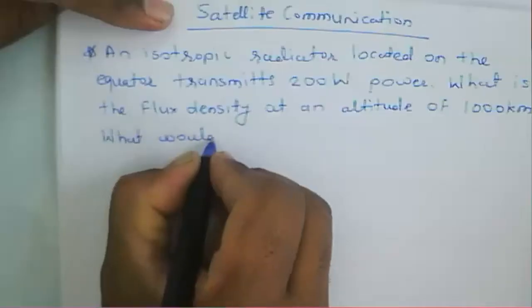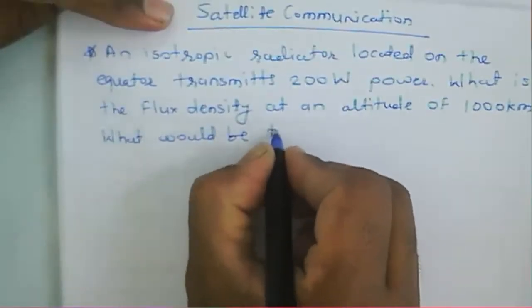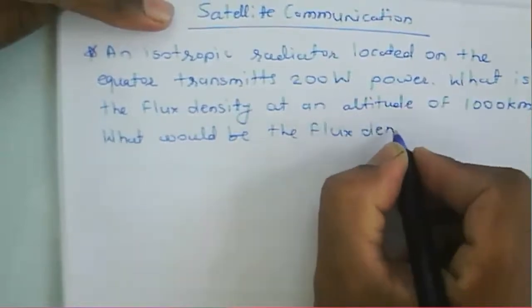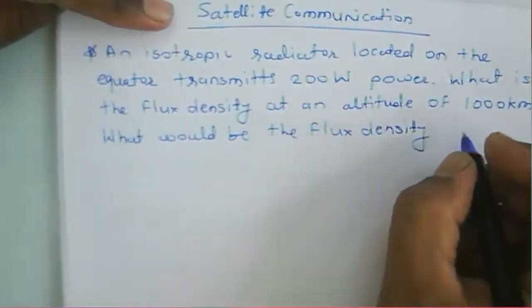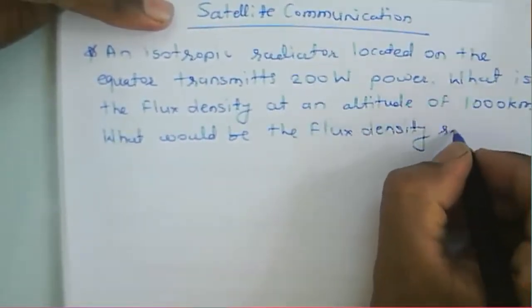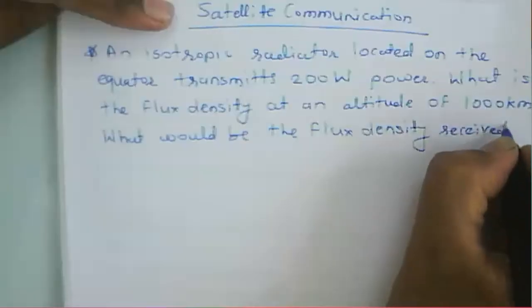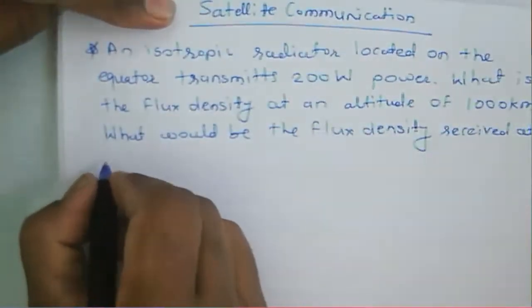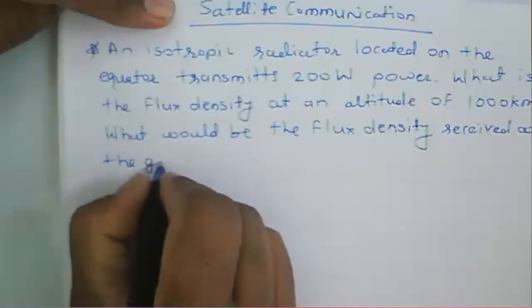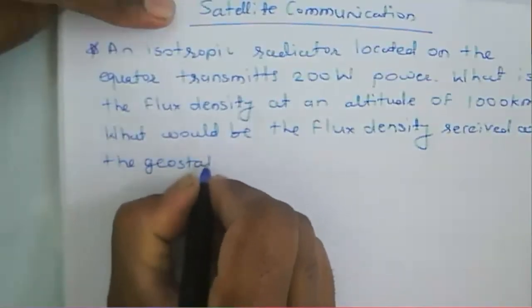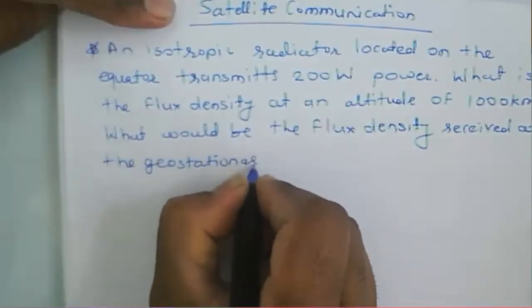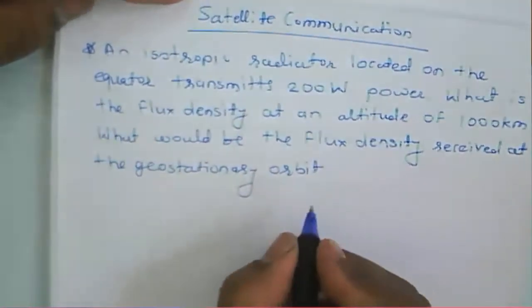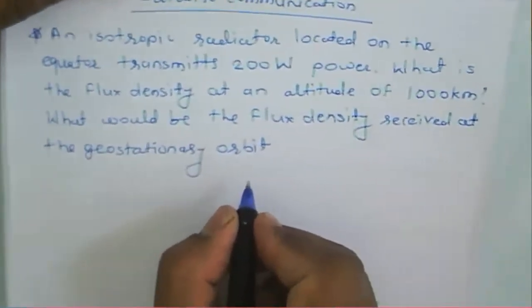What would be the flux density received at the geostationary orbit?